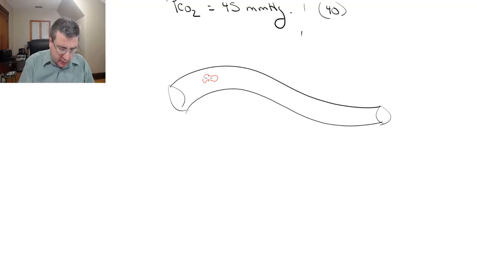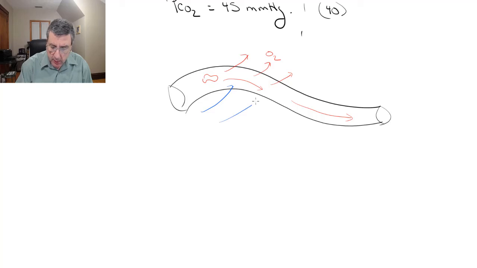So as this is moving in this direction, you're constantly losing oxygen. Oxygen is always coming off, and carbon dioxide is coming in.